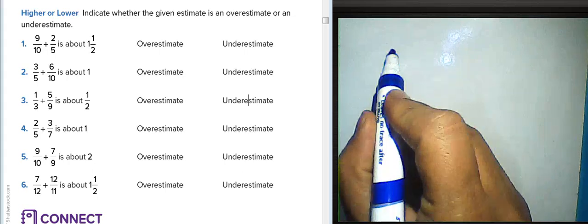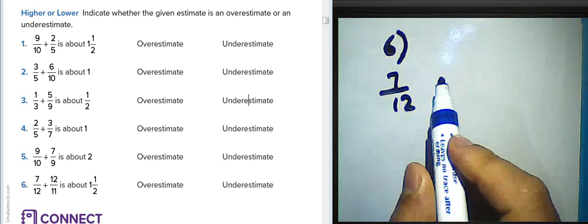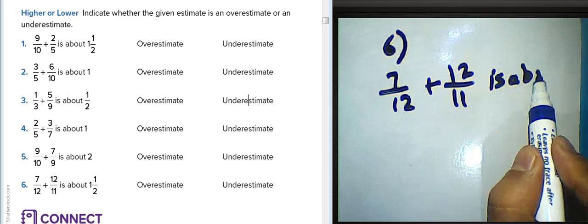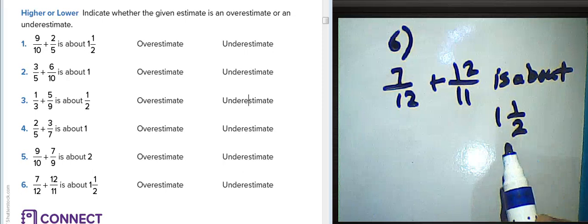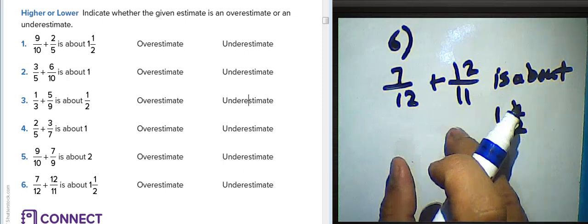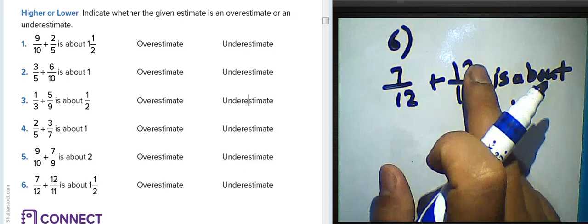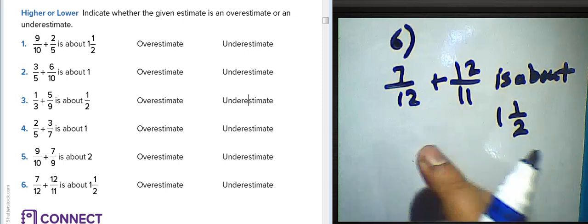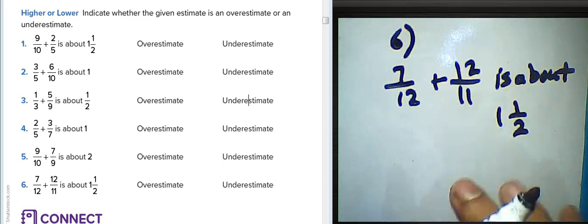What about question number 6? He gave us 7 over 12 plus 12 over 11 is about 1.5. We can solve this example by finding the least common multiple between these denominators. But in this example, 12 over 11, we can convert from an improper fraction to a mixed number. Okay, he gave us the result 1.5. Never mind.